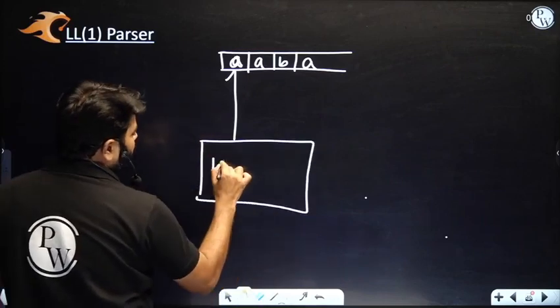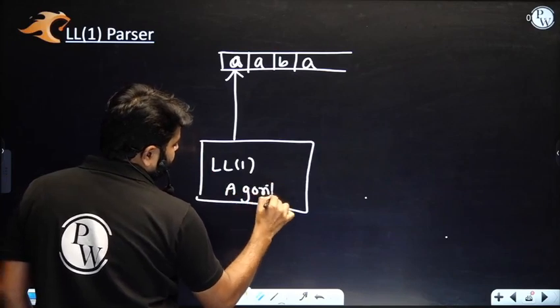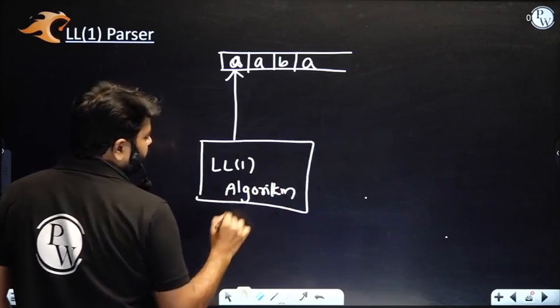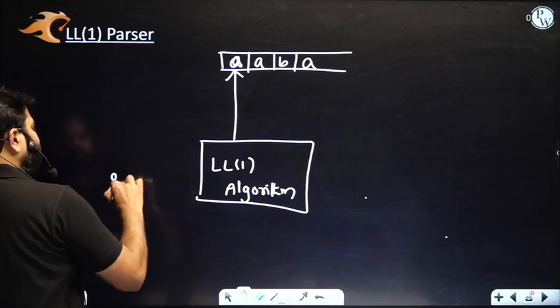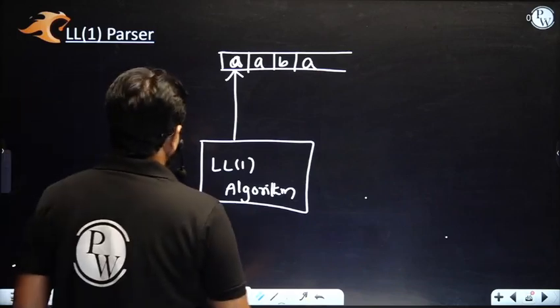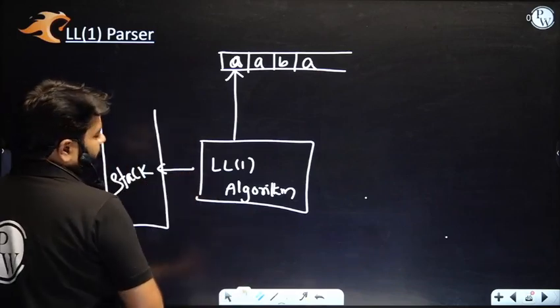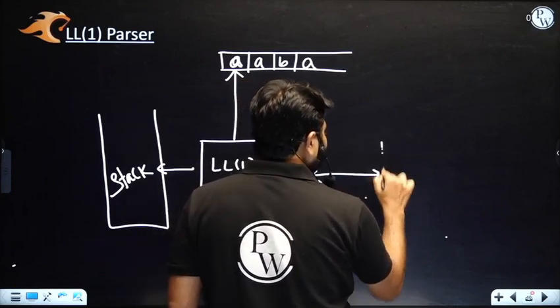So this is the LL1 algorithm, let us say, and it uses basically a stack to understand. You require a stack, and what you need here is the table.